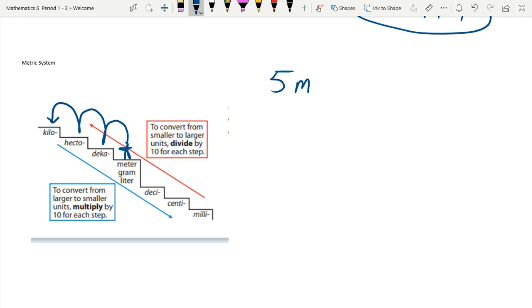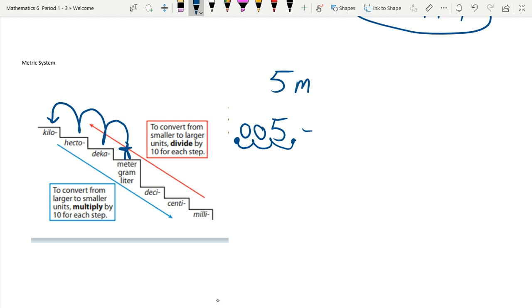Because I have 5 meters, my decimal is right here. Remember, every whole number, there's always a decimal that's hiding right there. So I'm going to move my decimal 3 places to the left. 1, 2, 3. So my decimal ends up here. Got to put in placeholders.